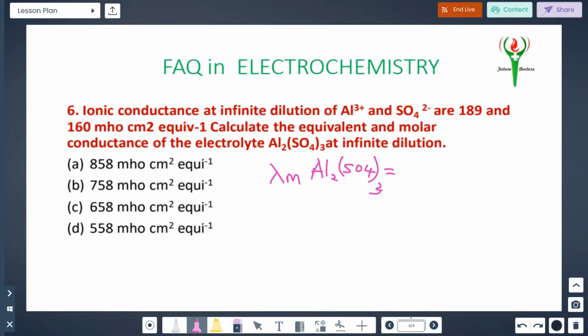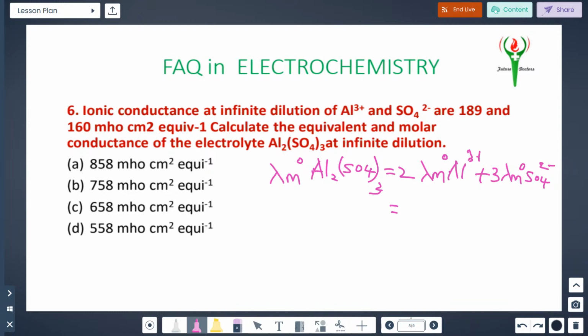There are how many aluminum? 2 aluminum, no. So 2 into lambda m naught of Al3+, you put naught, equivalent conductance at infinite dilution, no. Plus, how many sulphate? We have 3 sulphate. So 3 into lambda m naught of SO4 2-. You following?